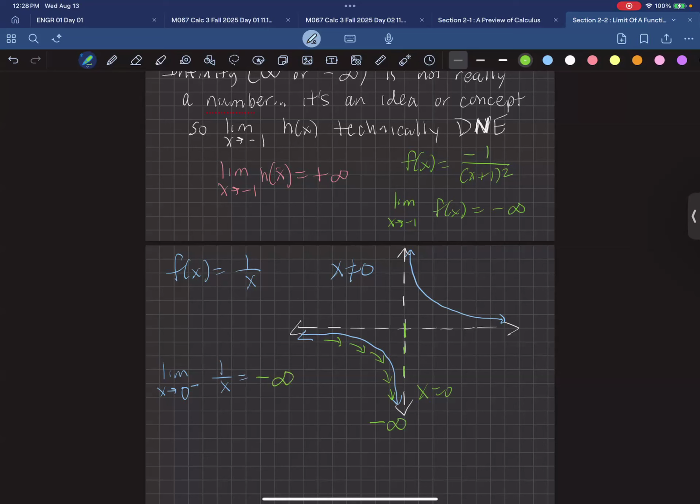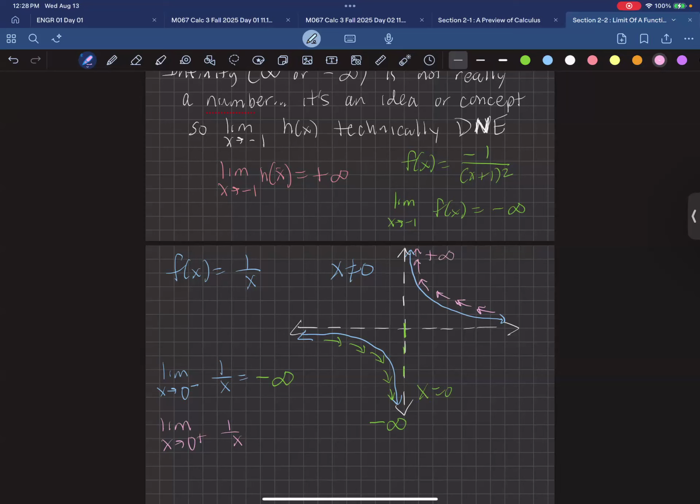So we're going to put negative infinity there. If I look at it approaching from the right, as we get closer to x equals 0, this value keeps going up, up, up, and up.